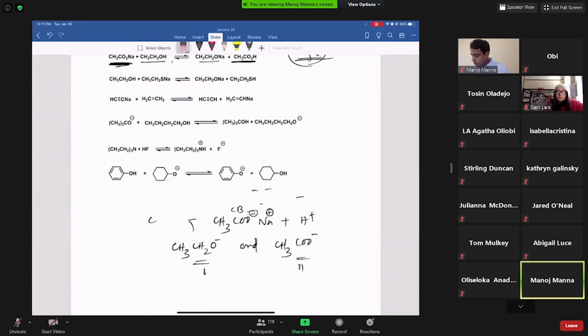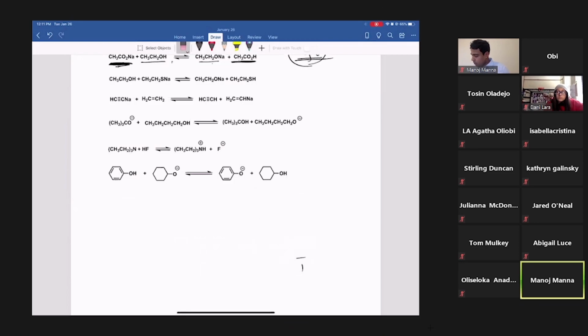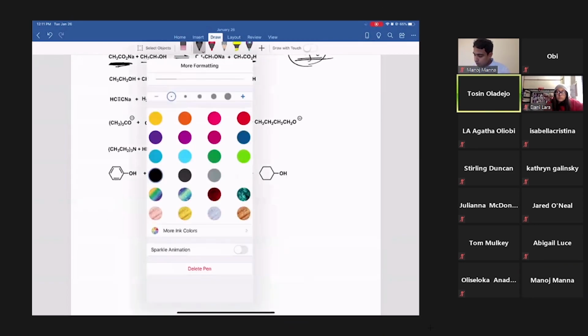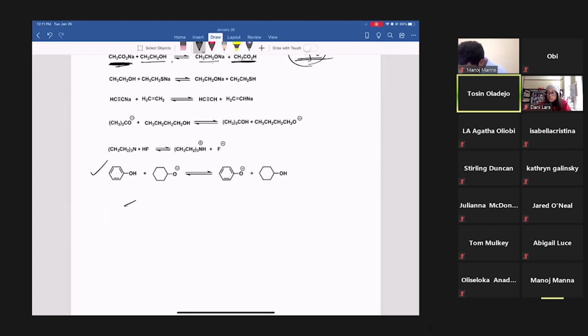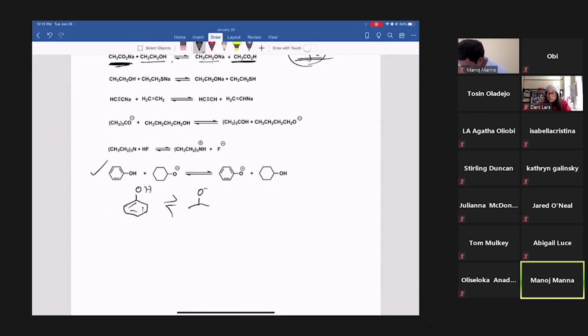Let's say this one, the last one. Try this one. Which direction will the equilibrium shift? If we have OH and we dissociate, we get O minus and H plus.